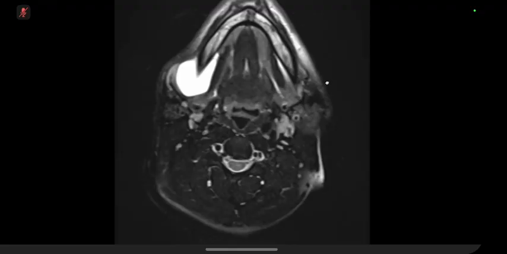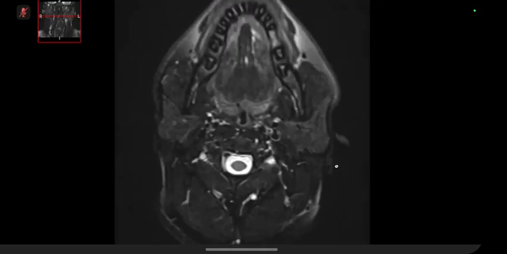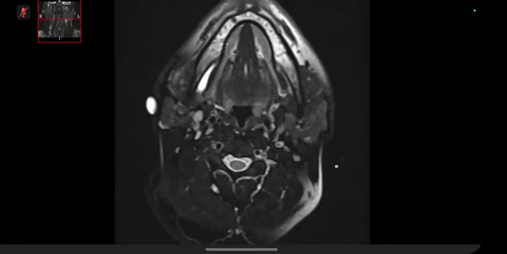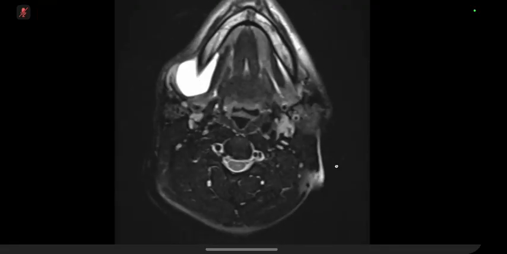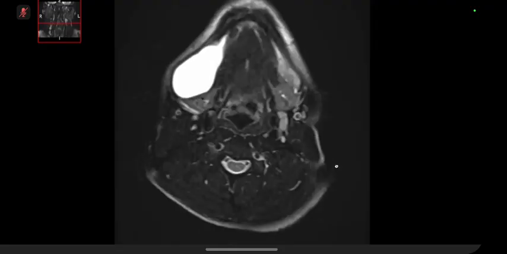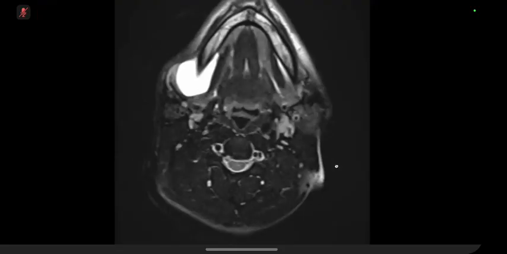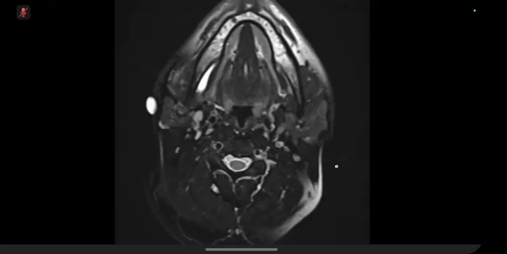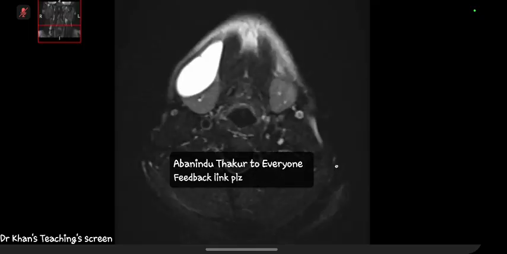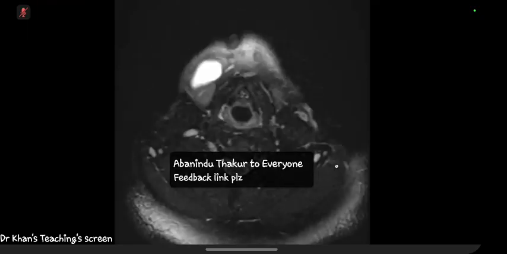I see there's a cystic swelling in the right side of the cheek, just below the masseter muscle, and it is oblong in shape, extending towards the floor of the mouth on the right side, just on the inner margin of the mandible.